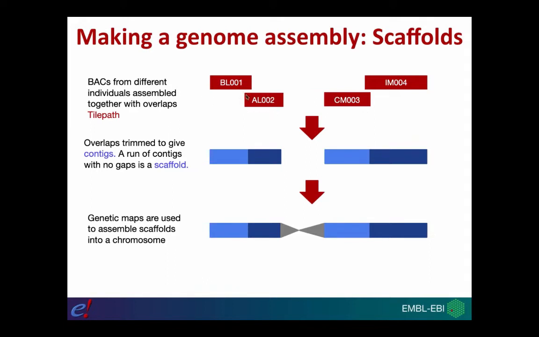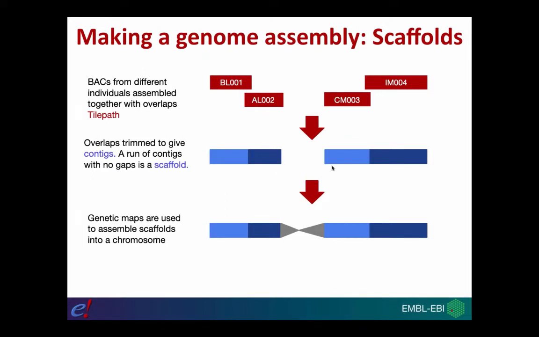And then the overlaps between these clones are trimmed to form our contigs. So you can see here, this light blue block is one contig that comes from this clone, and this second dark blue block is a second contig that comes from this clone here. So a run of contigs together with no gaps is called a scaffold.